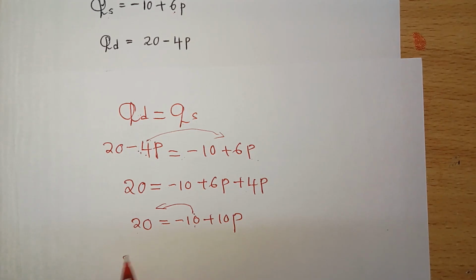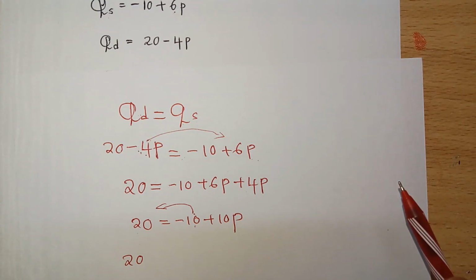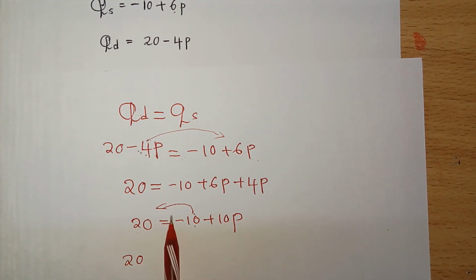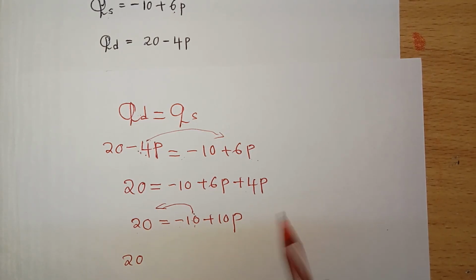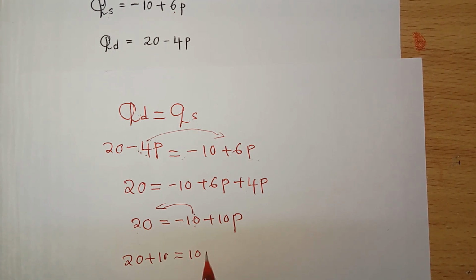I've said that if you have any number, whether it was positive or negative, immediately it crosses the equal sign, its sign changes. As you can see here, we have negative 10. Once it crosses this equal sign, the sign will change from negative to positive. So you need to add 10, then from there you equate to 10p.